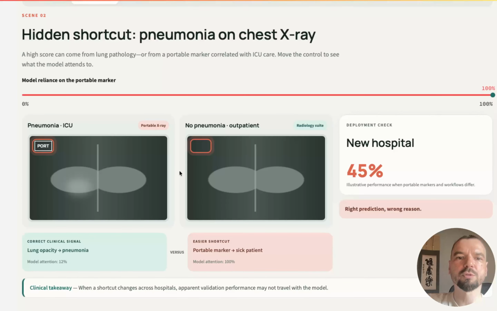One of the most famous shortcuts is when researchers wanted to train a car to drive with autopilot.